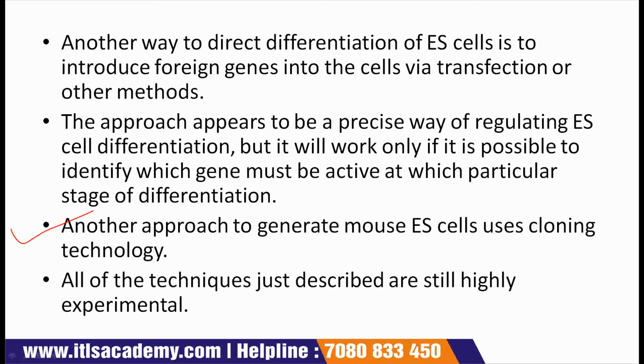Another approach to generate mouse embryonic stem cells uses cloning technology. The resultant pluripotent cell would be immunologically compatible because it would be genetically identical to the donor cell.